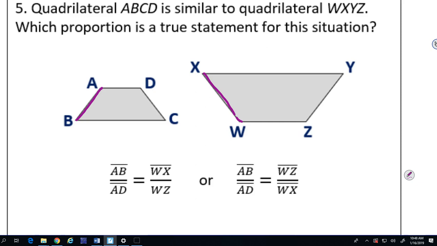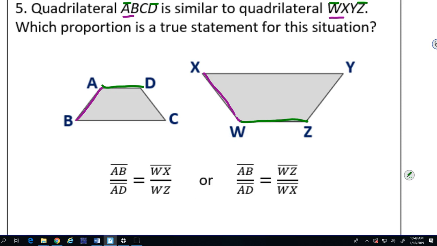Because of the letters, right? AB has to go with WX. All right, so now let's take a look at AD. AD would go with what? WZ, good. WZ, because A and D go with W and Z, the first and last letters.